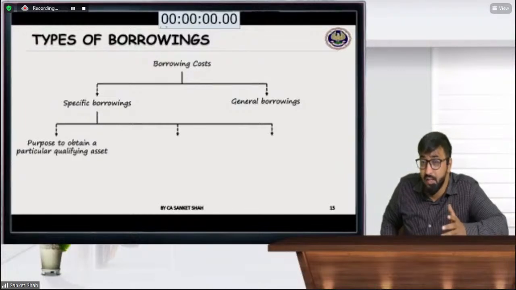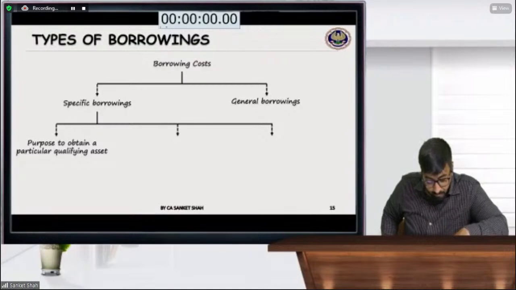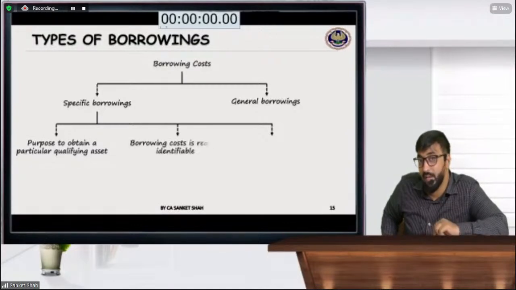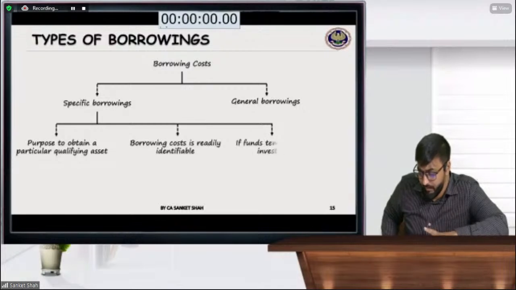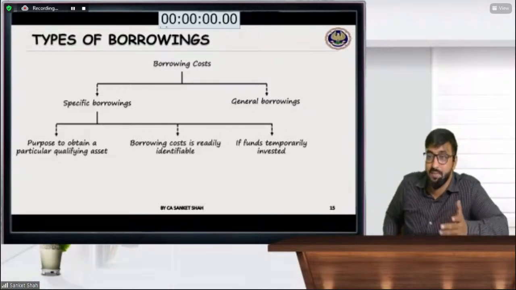Specific borrowing: you have taken a loan specifically for qualifying assets, so the purpose is to obtain qualifying assets. Borrowing cost is readily identifiable. And if these funds are invested temporarily, suppose the qualifying asset will take substantial time, na beta.